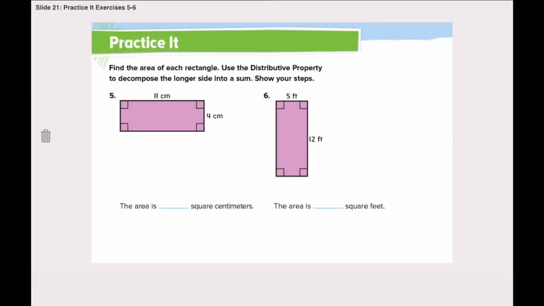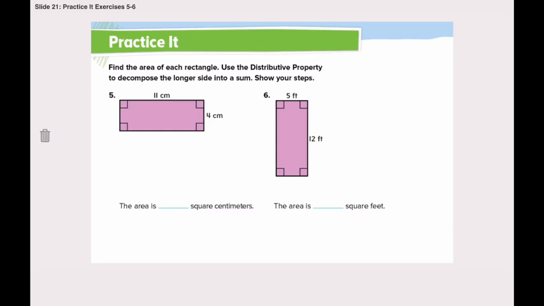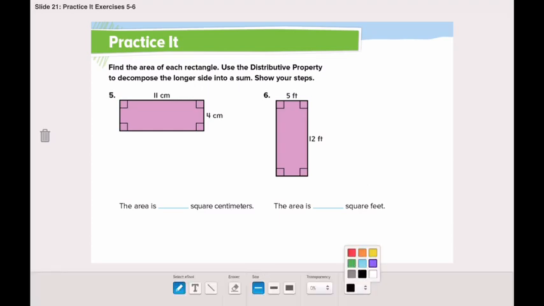Let's solve our last question. Find the area of each rectangle. Use the distributive property to decompose the longer side into a sum. Show your steps. So we will go through it step by step together, and then you will have to do number 6, and you also need to show me your steps.